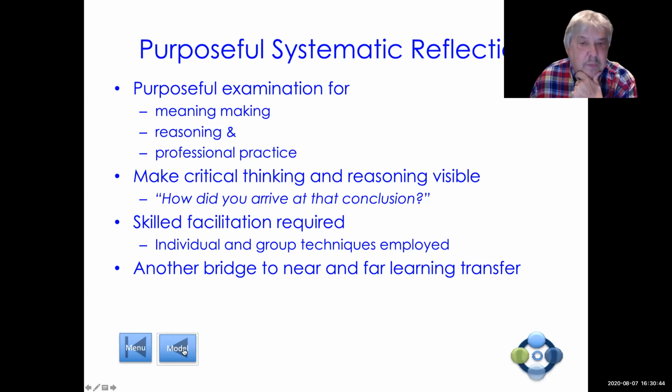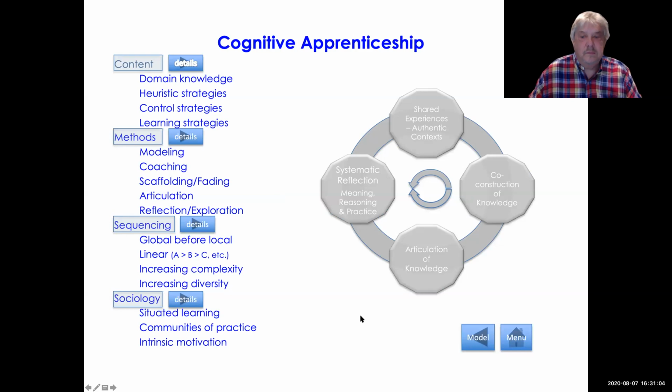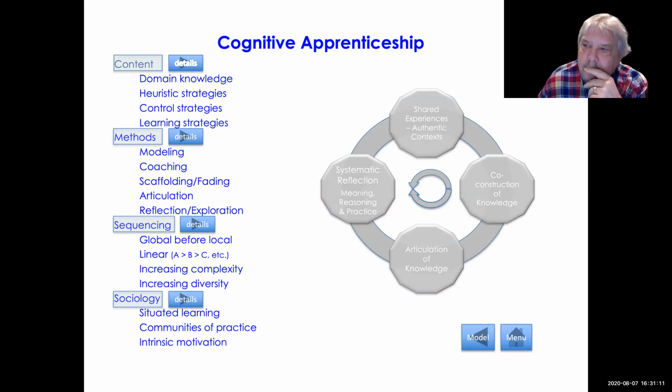All right, so that's our model. So now let's take a look at issues of cognitive apprenticeship, and those are ways that we teach for obtaining situated learning theories. Okay. In cognitive apprenticeship, there are four big elements. This one is about the content that you're teaching.